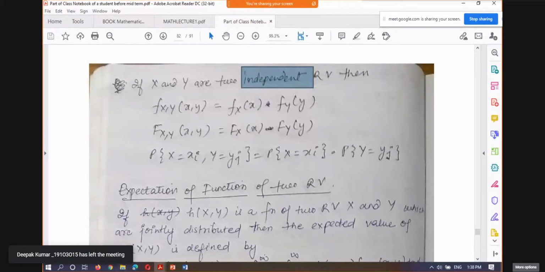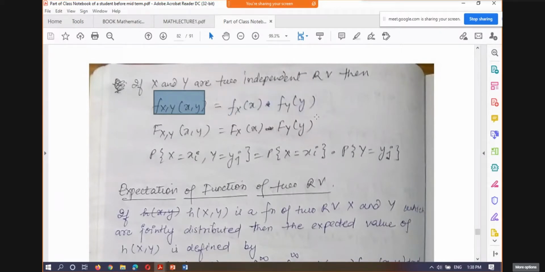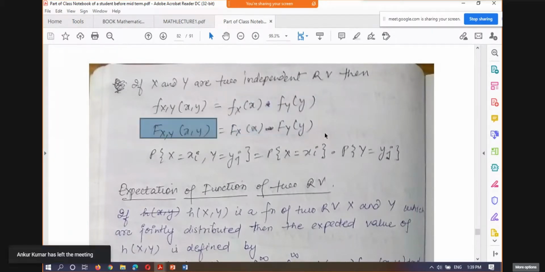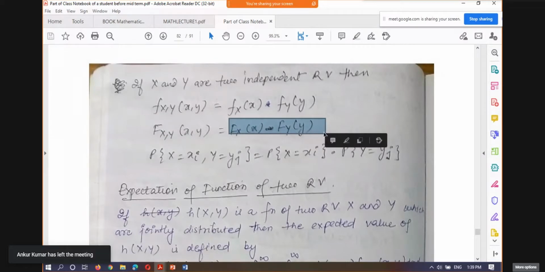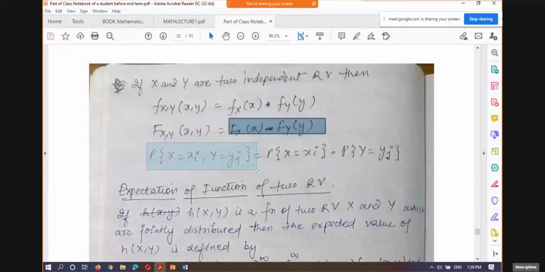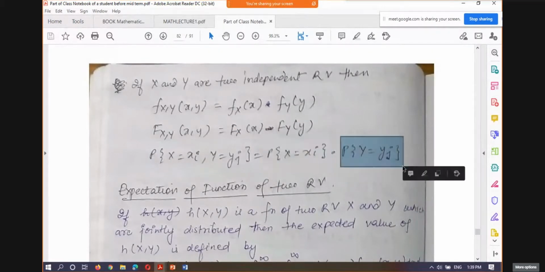If you know that two random variables x and y are independent, then their joint density is equal to the product of their densities, for independent random variables only, not for all. Similarly, the joint distribution function is the product of the distribution functions, and the probability of this event is equal to the product of the probabilities of the individual events.